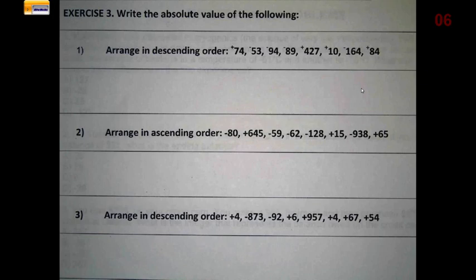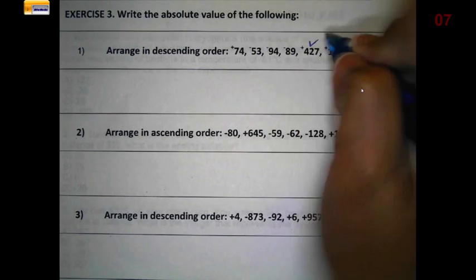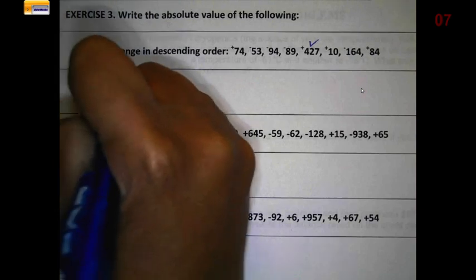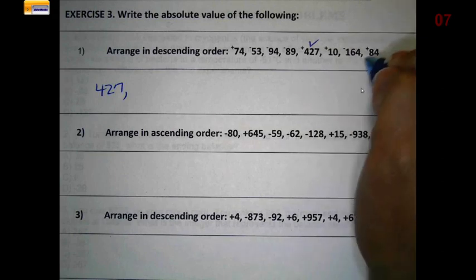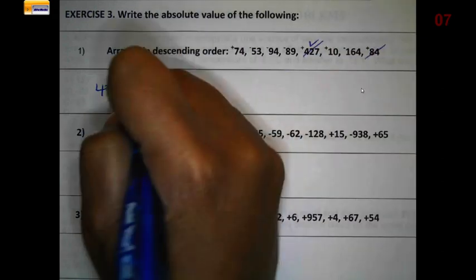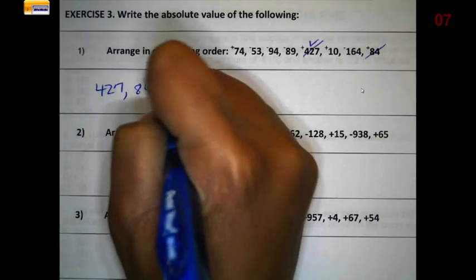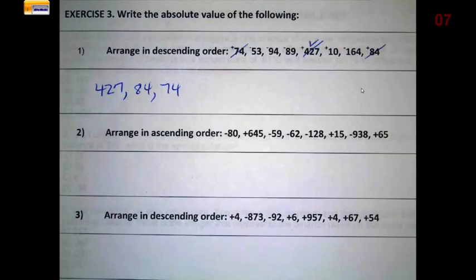What does that mean? Start from the largest, biggest number. So what's the biggest number in this list? Then what? Is it 84? Yeah, 84 over here. Let me just cross these out as I'm doing it. 84, then 74. And then the next positive one is 10.